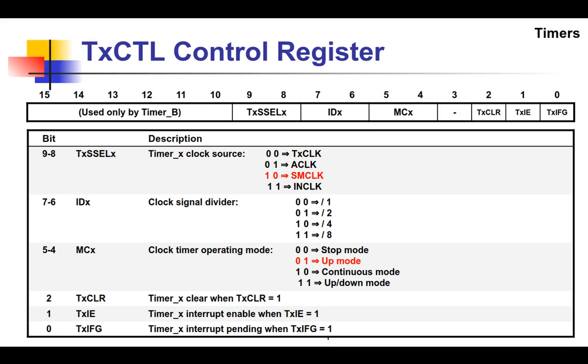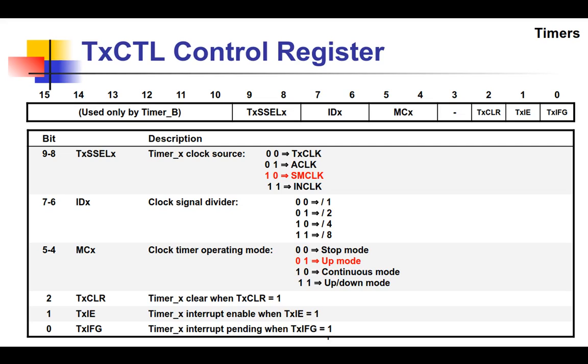So the timers A and B are controlled by the T, either A or B, control register. This is a 16-bit register, and you can see at the top how its bits are allocated. And we're going to look at these bits and what they actually do for you. What do you do to set them, and what does setting them do? So there's the TASSEL.